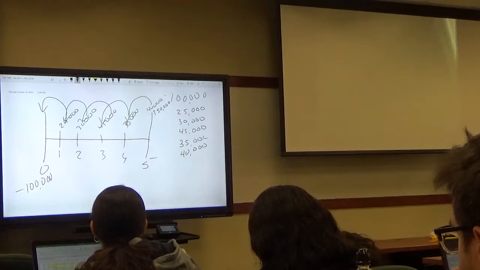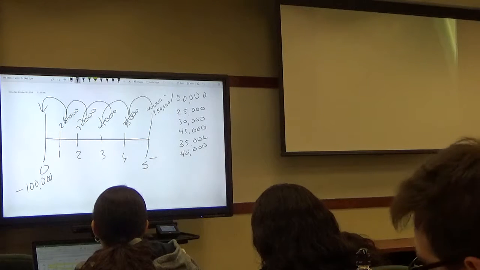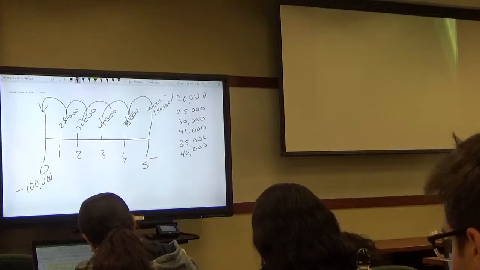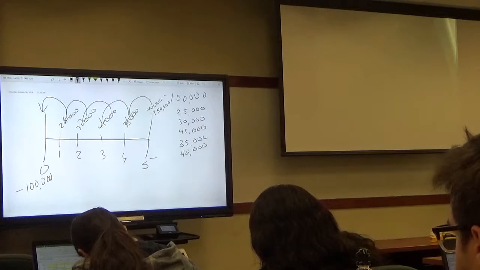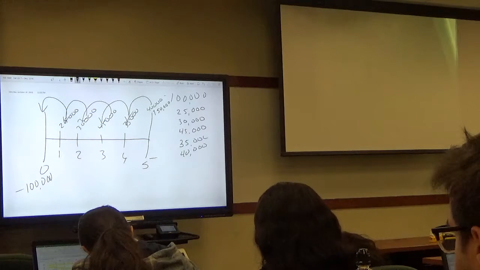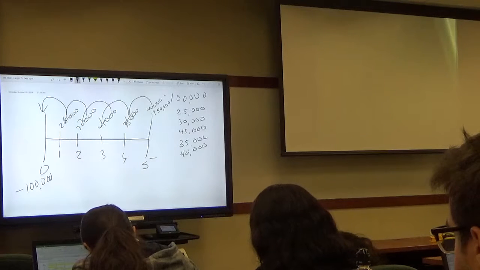Does that make sense? The function that allows you to do that is this begin-end function. Another word for it, for those of you with finance backgrounds, is an annuity due. It simply means that you're being paid right now, right this minute, and realizing the income right here, right now.